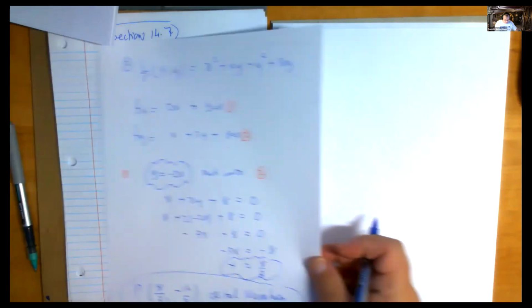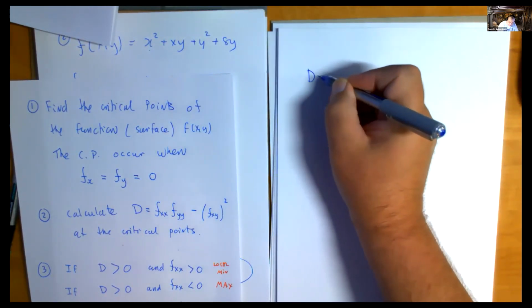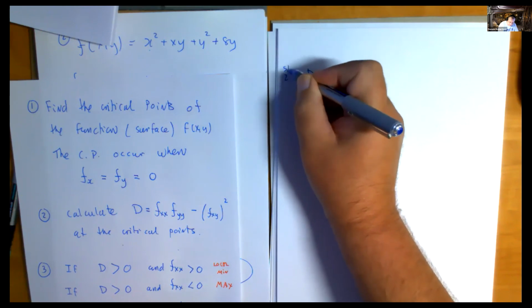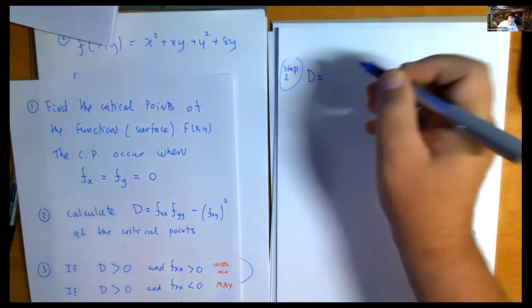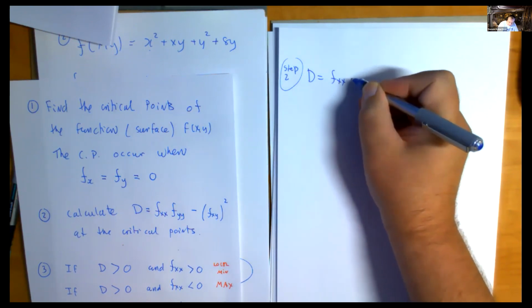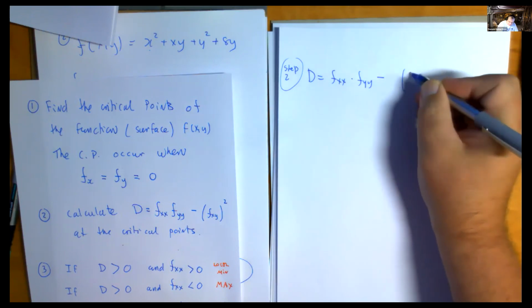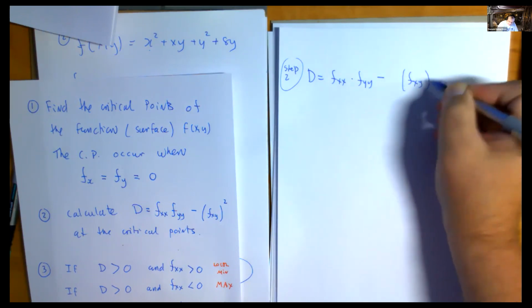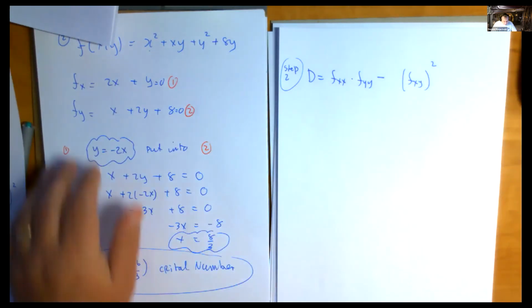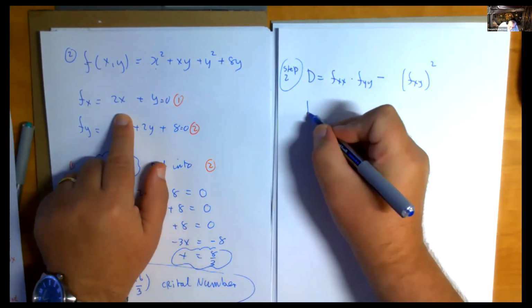So phase 2, I need to calculate D. That means the second derivative with respect to x times the second derivative with respect to y, take away the mixed second derivative squared. I've got the guys here, so I'm just going to do it right off the bat.